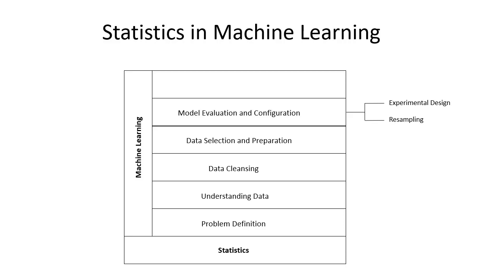A given machine learning model often has a suite of hyperparameters that allow the learning method to be tailored to a specific problem. The configuration of hyperparameters is often empirical in nature, rather than analytical, requiring large suites of experiments in order to evaluate the effect of different hyperparameter values on the skill of the model. The interpretation and comparison of the results between different hyperparameter configurations is made using one of the two subfields of statistics.